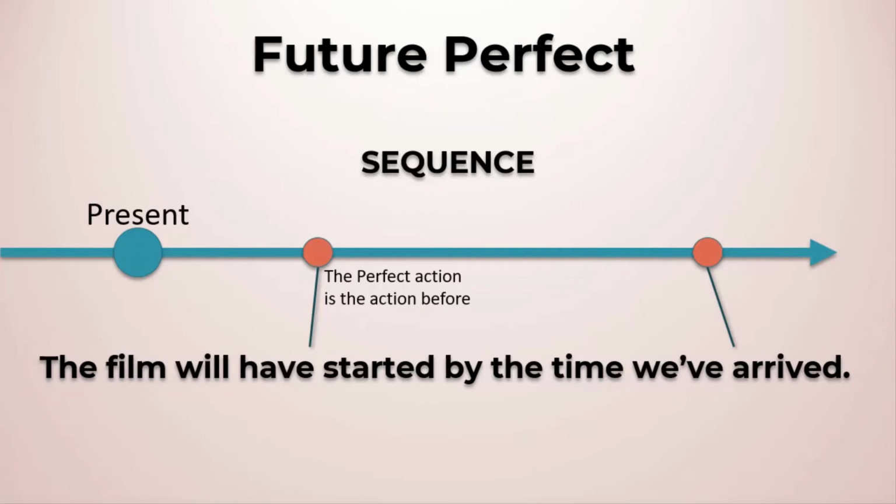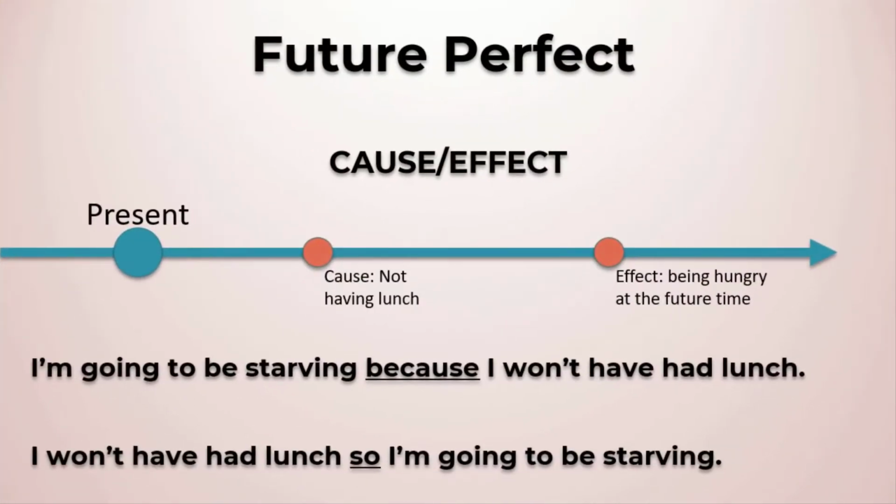So you can think of the future perfect tense as being the action or actions before another action or before the time deadline. And cause and effect is naturally communicated in the perfect because the cause action always comes before the effect action. So the sequence aspect is also at play here.